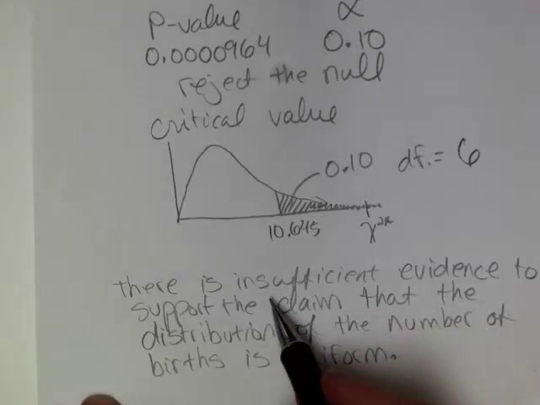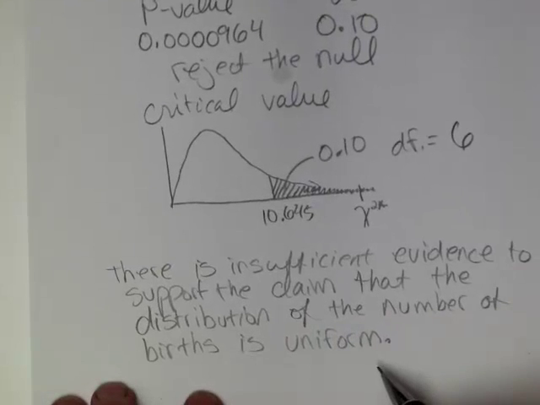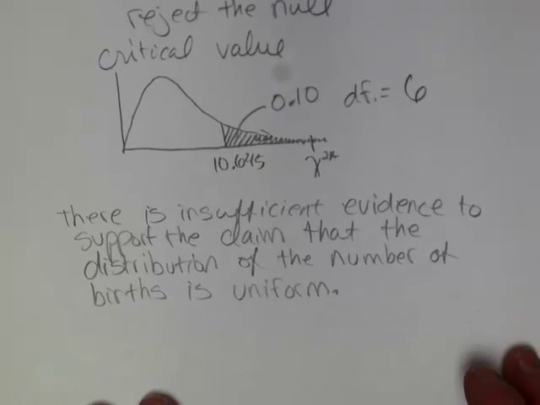So we're saying there's not enough evidence to support the claim that we have a uniform distribution.